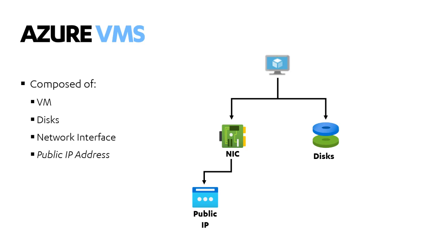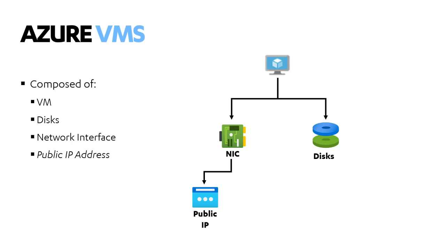So let's talk a little bit about what makes up a VM. A VM is made up of these four resources. You get the VM object itself, which has all the metadata information about the VM. Then we've got a network interface, which can have a private IP address associated with it, and a public IP address.